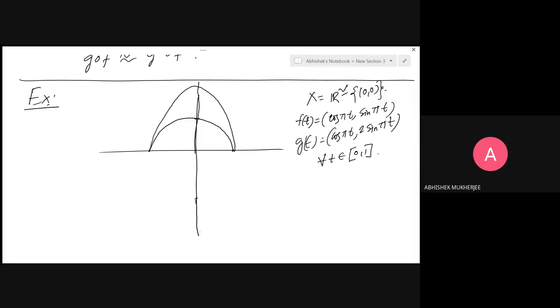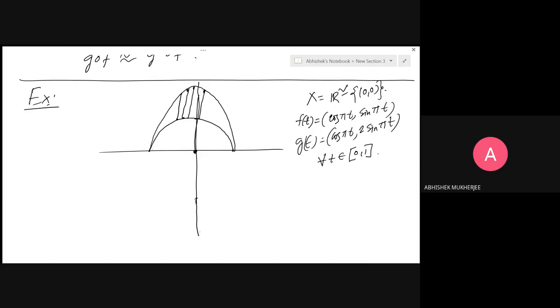Okay. Now the plane is punctured at (0, 0). But these maps are path homotopic. Why? Because you will definitely have a homotopy, which is very interesting: the straight lines, joining one point of path F to the corresponding point of G through straight lines.